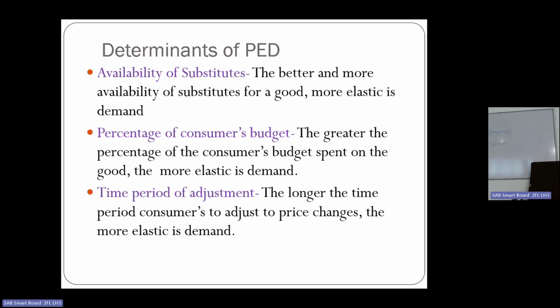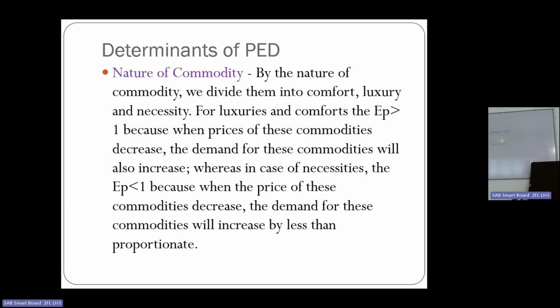So short-term demand is inelastic. So the time period is also a significant factor in determining price elasticity. So what is the next one? Nature of the commodity. What does it mean?